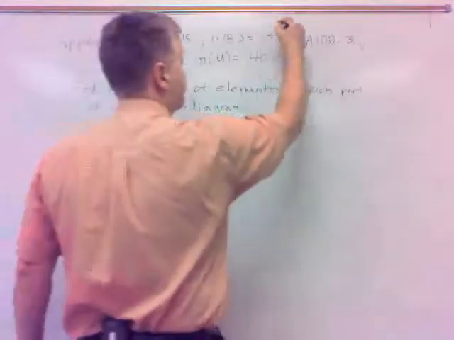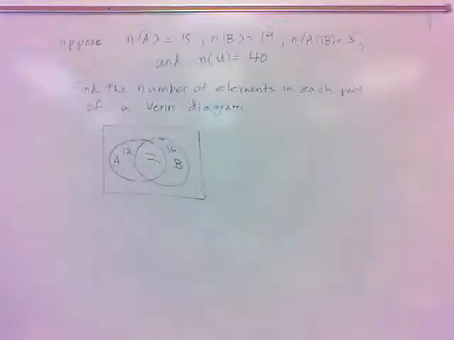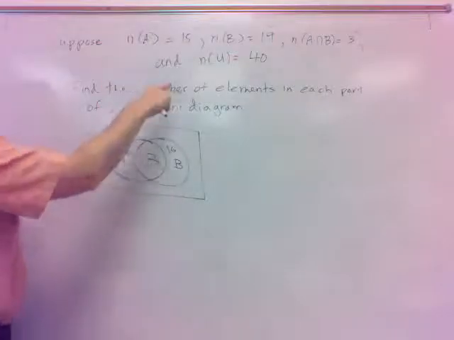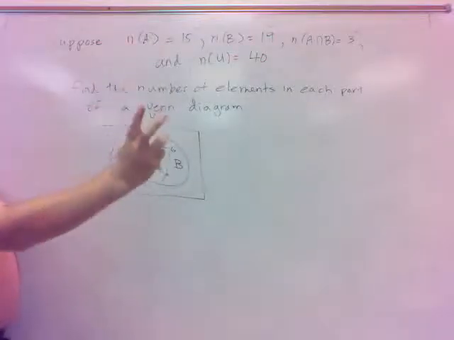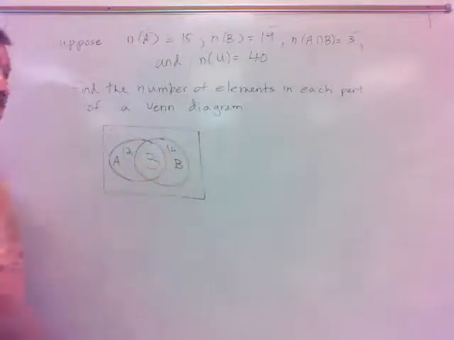I've used this one, I've used this one, and I've used this one, so that one must be the way I can find it. All right, the number in U is 40. What does that mean? Does that mean 40 go out here? No. 40 does not go out. The number in U means the total of everything. So that means if I add up this, and this, and this, and this, I get 40.